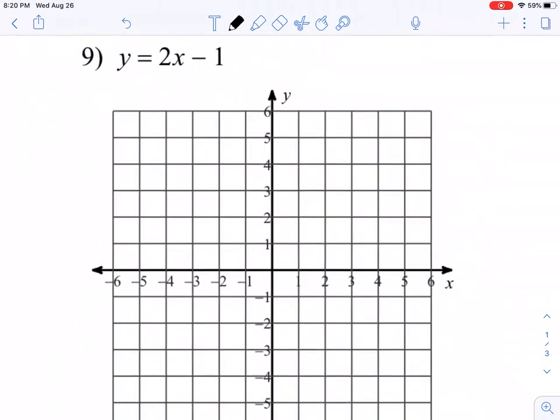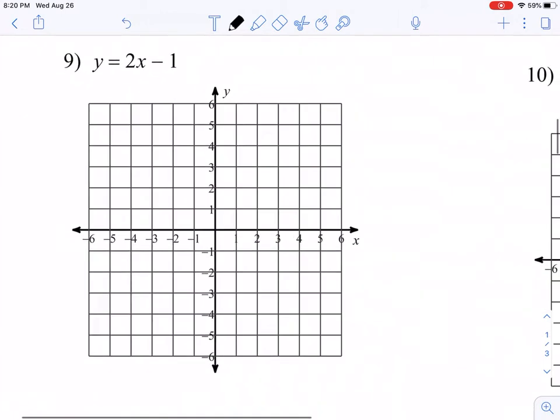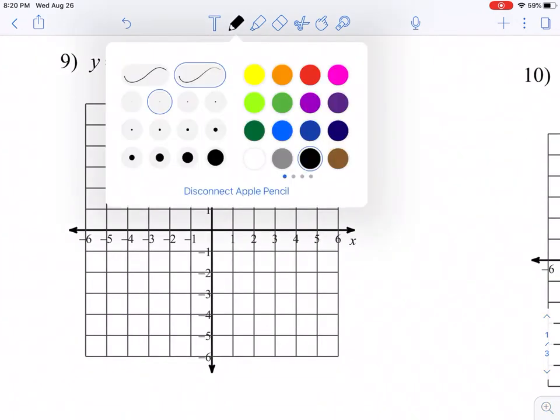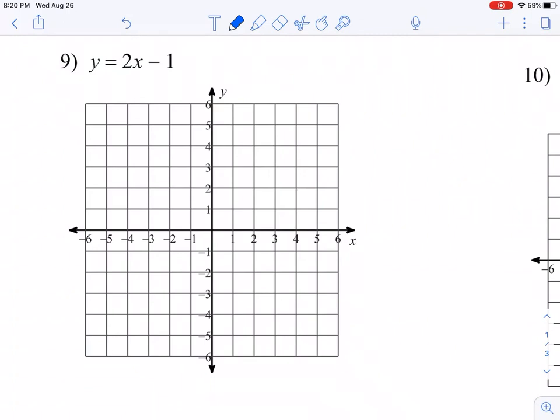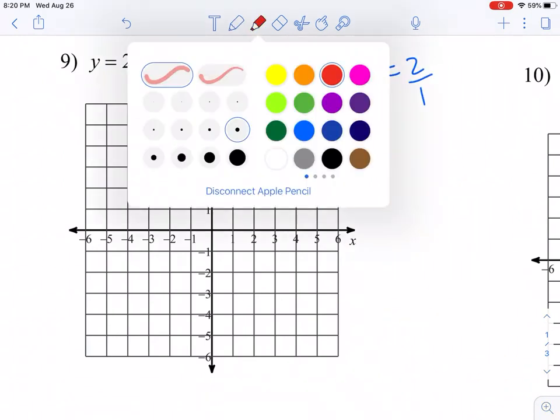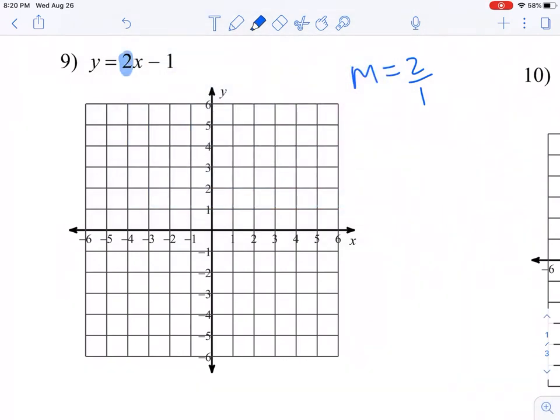All right, graphing a single line. When we were looking at number 9, we are looking for our m, which is 2 over 1. I will color coordinate. We got that from the value that's next to our x, and that is going to be positive, so it's going up and right. And b equals -1.